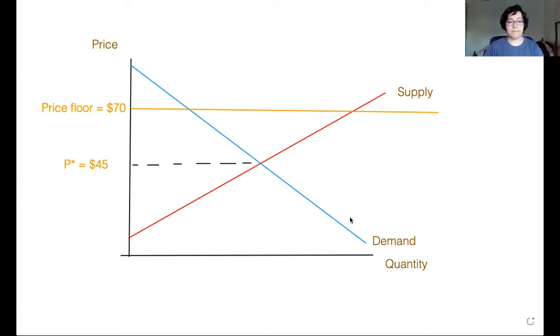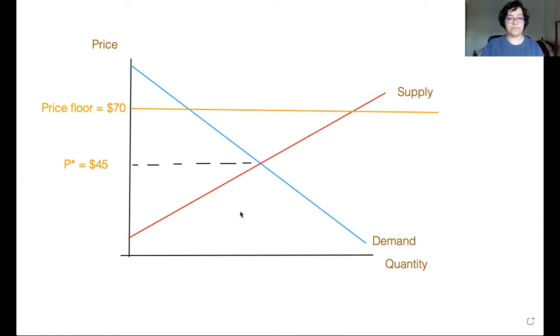So first we're going to look at the price floor, and we first need to determine whether or not this is a binding price floor. Firstly, we need to remember what a price floor is. A price floor is setting a minimum price in the market. So that means right here we have a price floor of $70. That means the minimum price in the market now has to be $70.